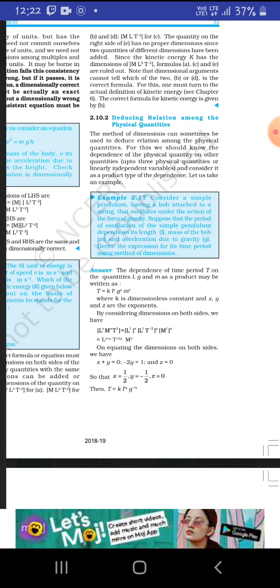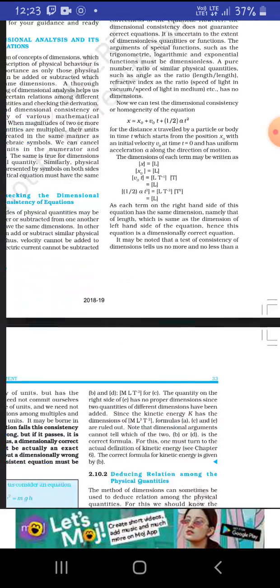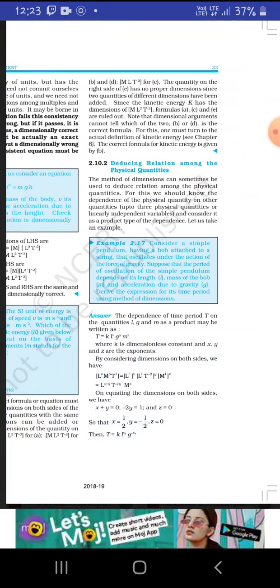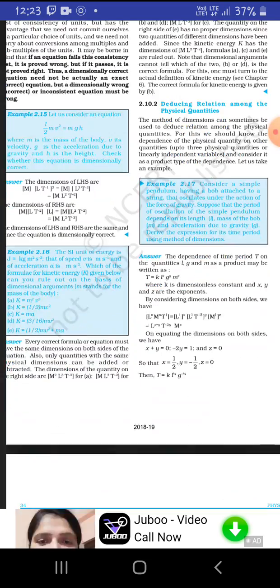So here T is equal to k L^x g^y m^z. K is a constant, L is the length, L T minus 2 is the gravitation or g, and M is the mass.